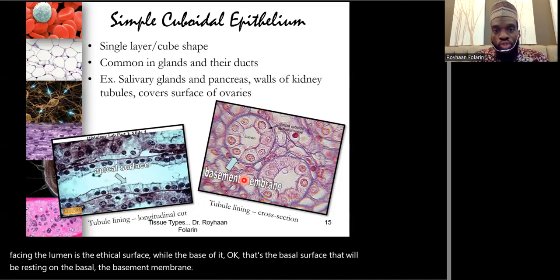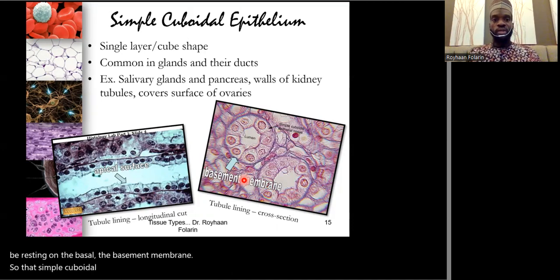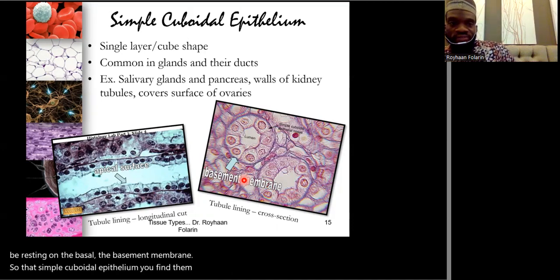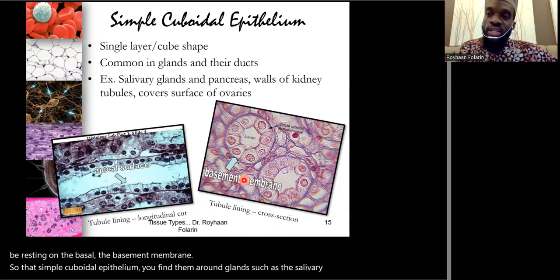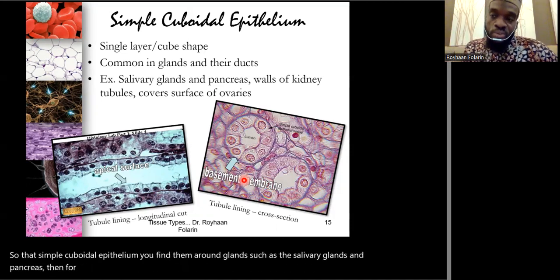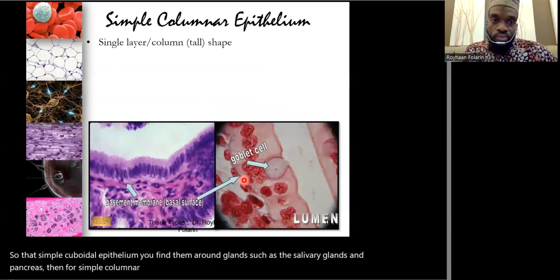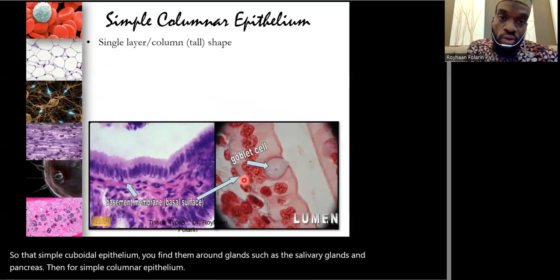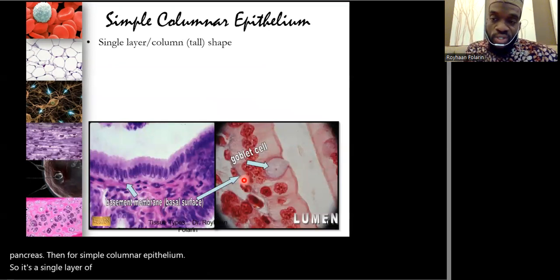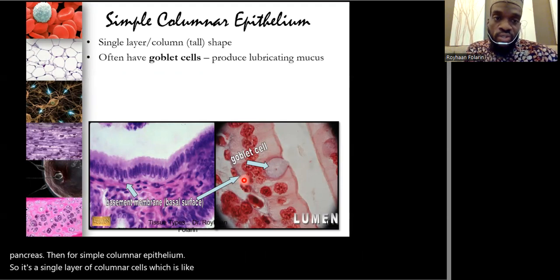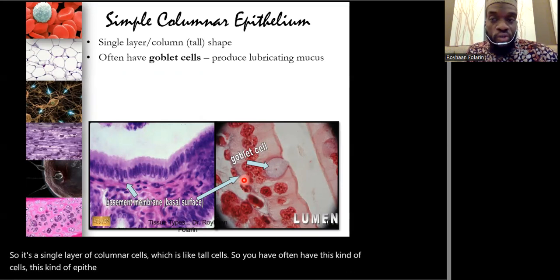So that's simple cuboidal epithelium. You find them around glands, such as the salivary gland and pancreas. Then for simple columnar epithelium, it's a single layer of columnar cells, which are tall cells. This kind of epithelium often has goblet cells.